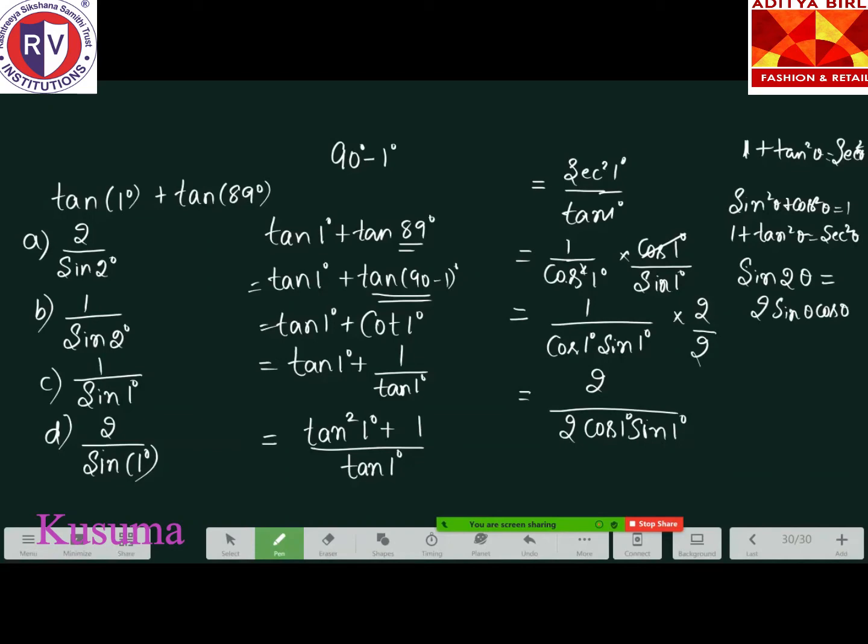Sin 2 theta, right? Sin 2 theta is 2 sin theta cos theta. So here it is 2 into sin 1 degree into cos 1 degree. So it can be written as sin 2 into 1 degree, that is sin 2 degree. So this is 2 by sin 2 degree. So this is the value of tan of 1 degree plus tan 89 degree. So this is your option A. Understood?